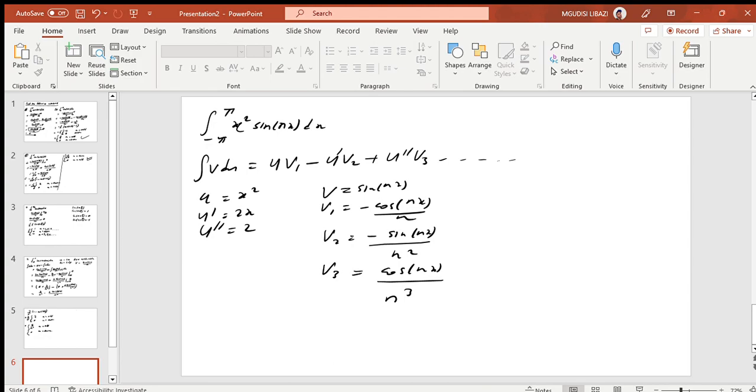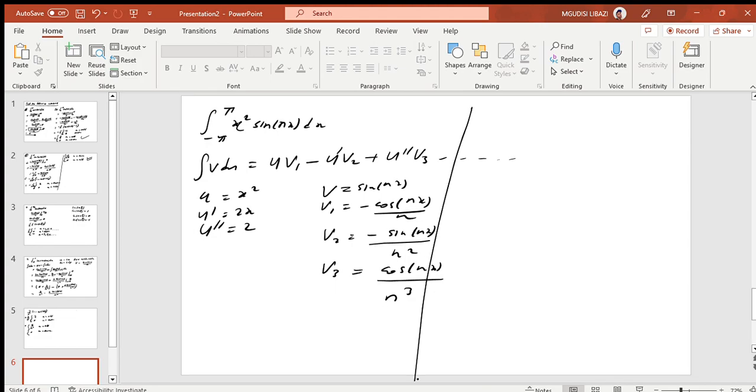After that, we take these values and substitute back into our equation.